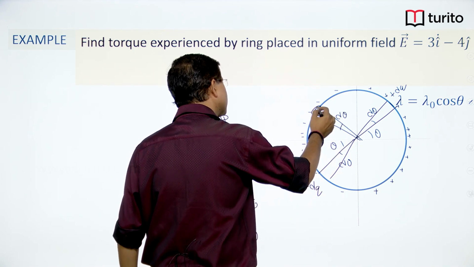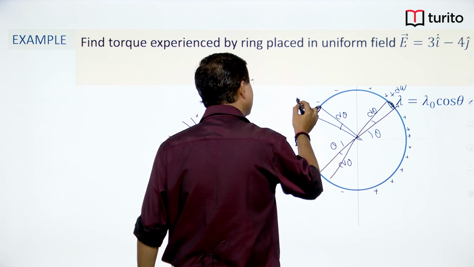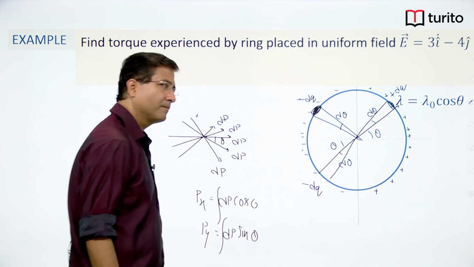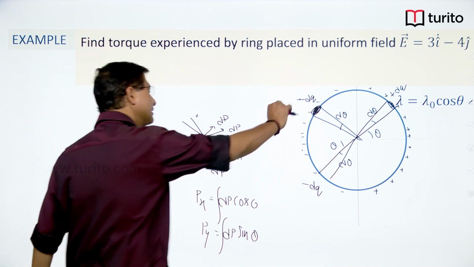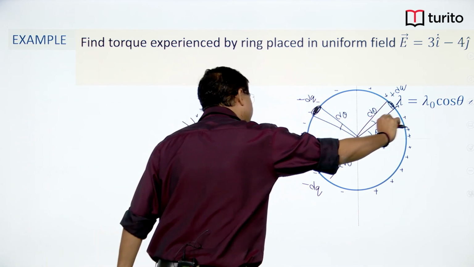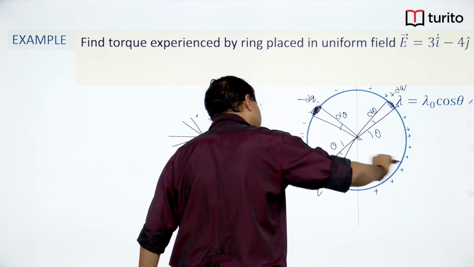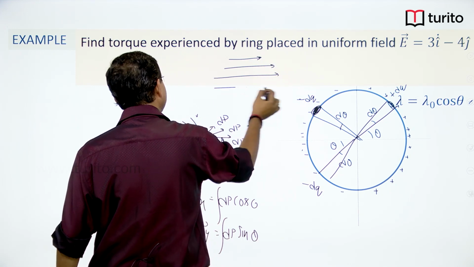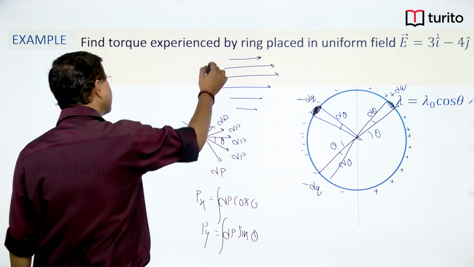I can combine this dq with this dq, and you can see that this minus dq and this plus dq are also forming a dipole. So the same system can also be visualized as dp, dp, dp, dp like this. So all dp's are in the same direction, I just need to add.